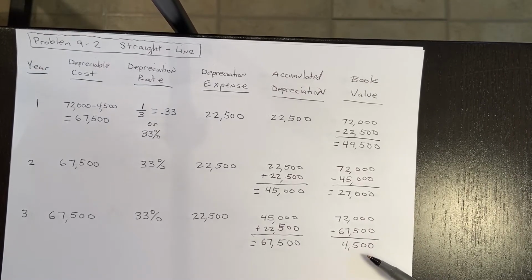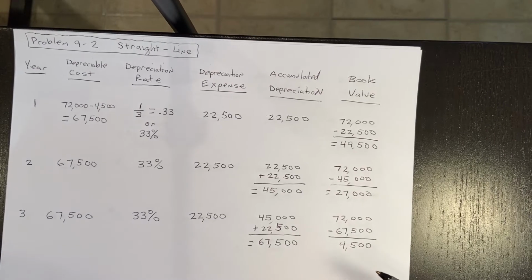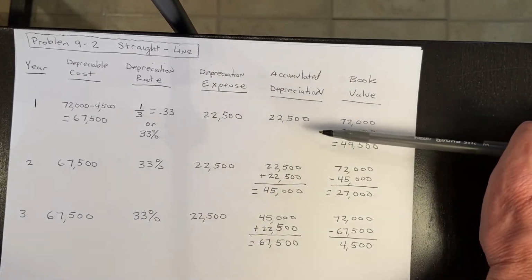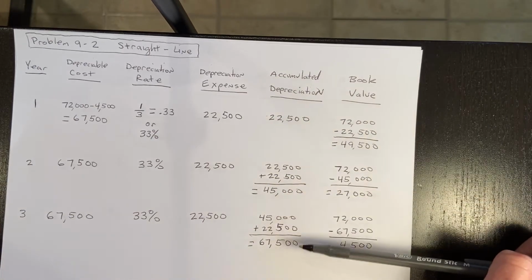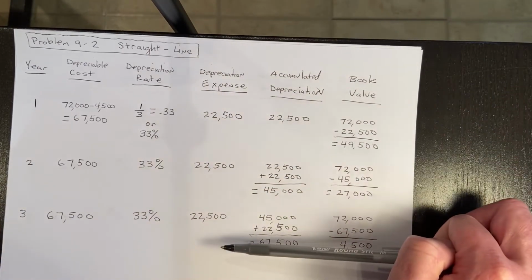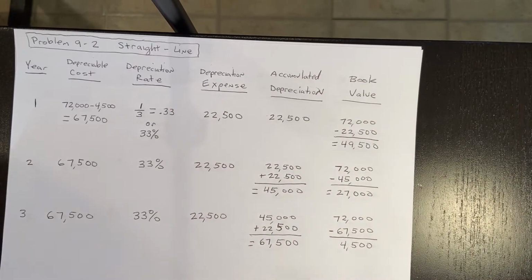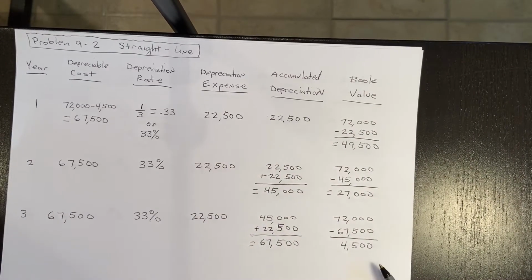That's what it should be, and that's what you want it to be. So that's the straight line method. The depreciation expense is always the same. Accumulated depreciation always goes up by whatever is over here. And the book value is always dropping by the depreciation expense, and where it stops is 4,500 because that's the residual value.